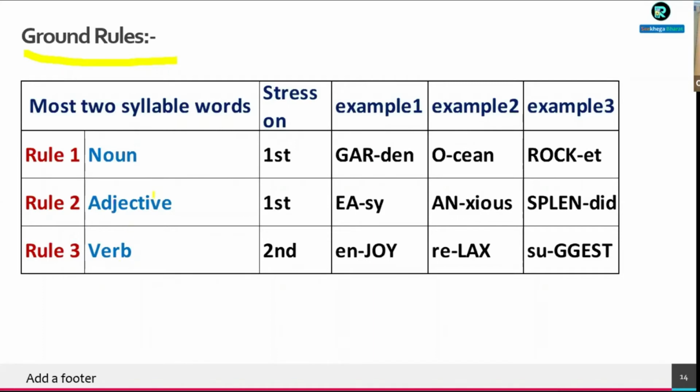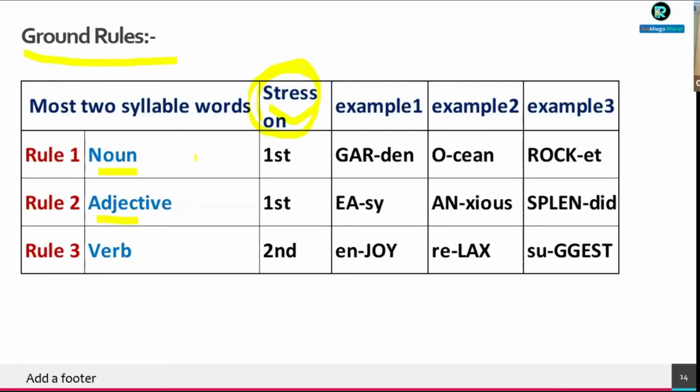Mostly we categorize two-syllable words in three parts: maybe noun, maybe adjective, and maybe verb. And this is the rule. Sometimes this changes also. As you know, English has so many exceptions, but generally this is the rule we follow. So for a noun, what happens?